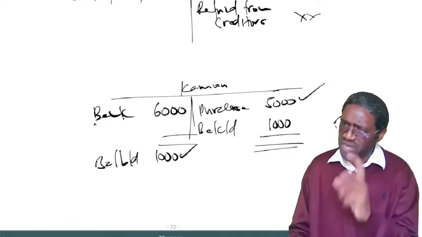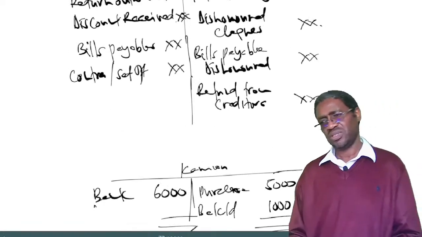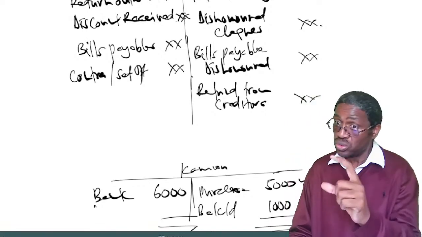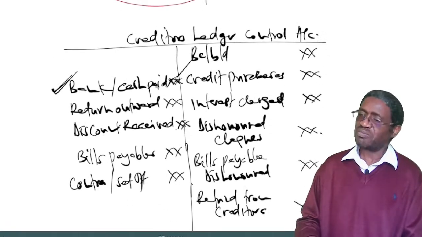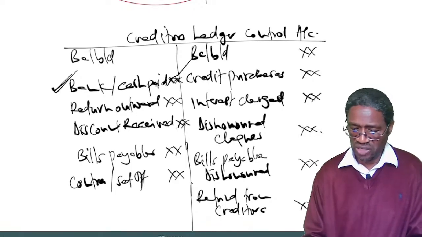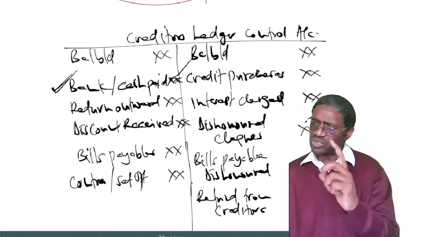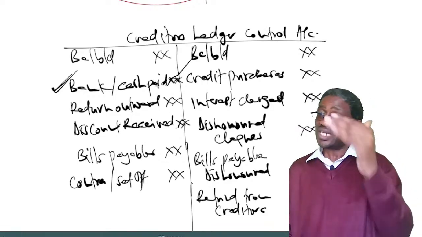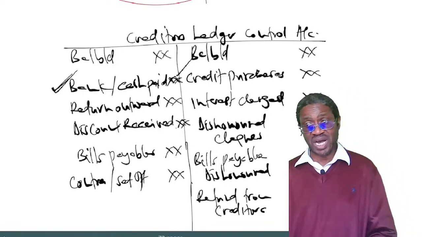So if by the beginning of the year you have suppliers who owe you because you overpaid them, that balance will be brought down by the beginning. You come and see your balance brought down, whatever it is. In our scenario, it was 1,000. So what I'm trying to say is that just like the debtors ledger had two opening balances, even the creditors could have two opening balances.